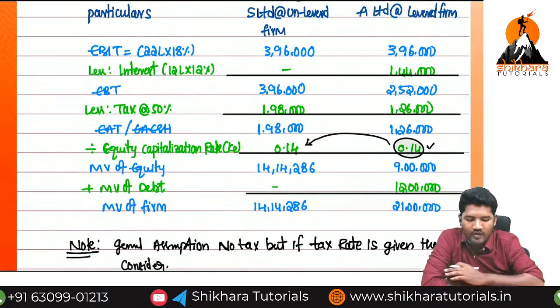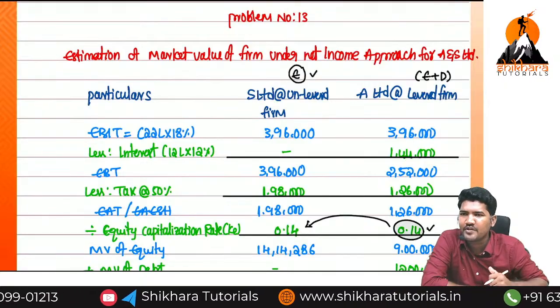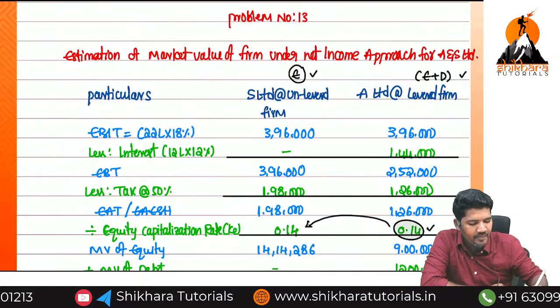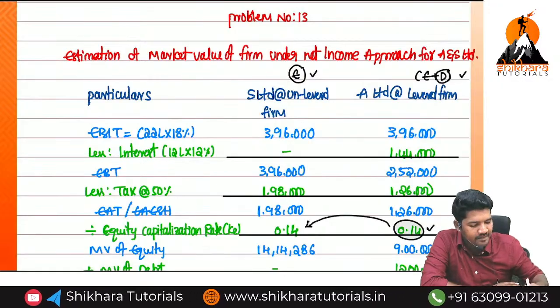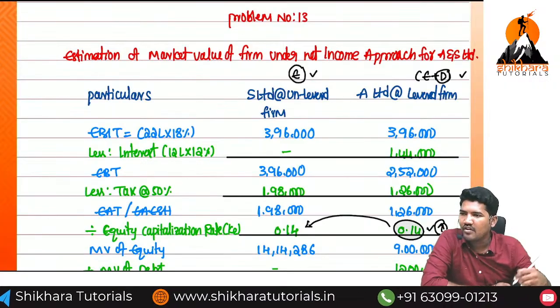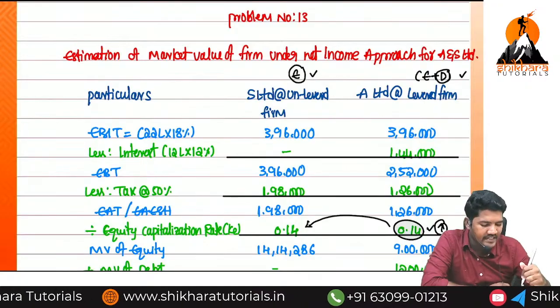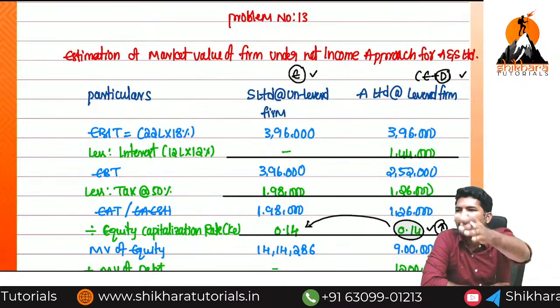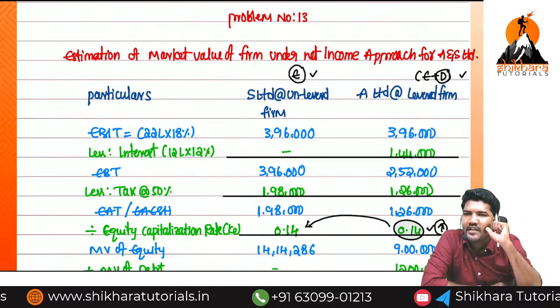Why? Because the S Limited shareholders are not taking any risk. That's why they are happy with the 14%. But when it comes to this company's people, they are bearing a risk called debt, right? That's why they will expect more. Sir, it's conceptually correct, so why did you not take the higher value? You considered the same value because they said same in all aspects.